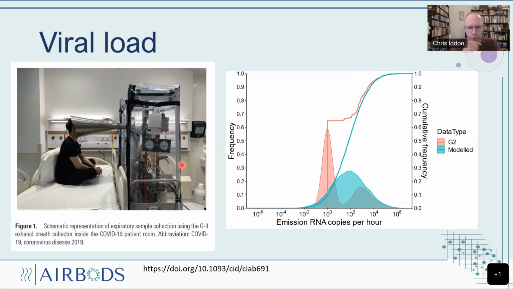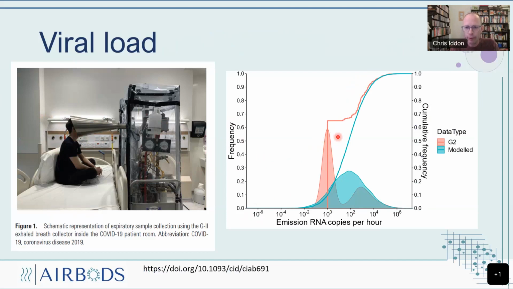Below that threshold, the way that the methodology is set up, it can't detect it. And for this modeling exercise, I assumed a value of 1 for all these experiments where there was 0 or no detection of any genomic material.